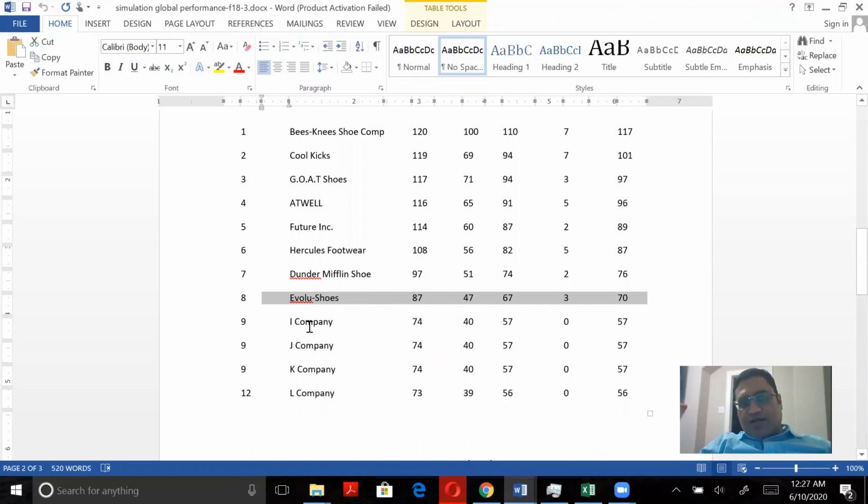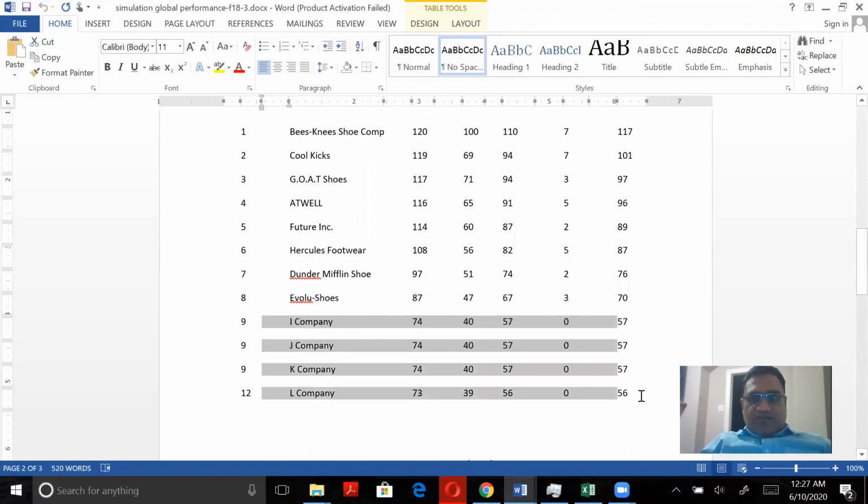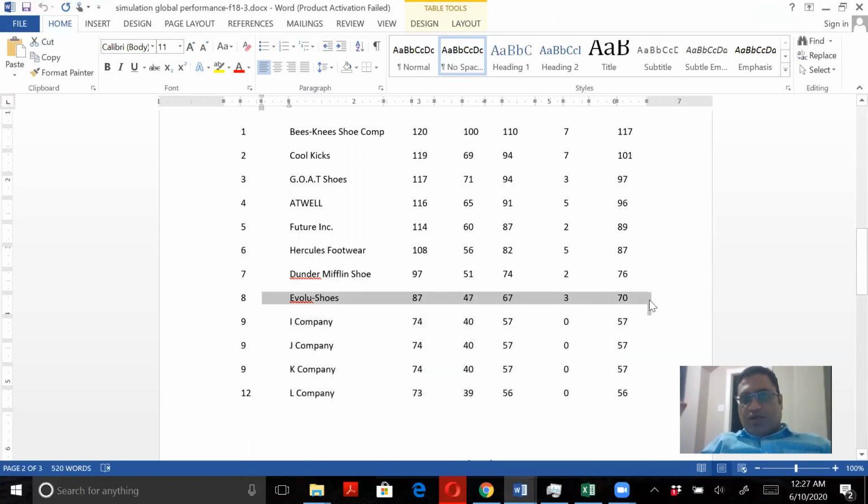The computer companies are the ones that are managed by the simulation, and these don't have any names. So you're looking at companies that have names. Team E is the bottom one, and team B is the top one.